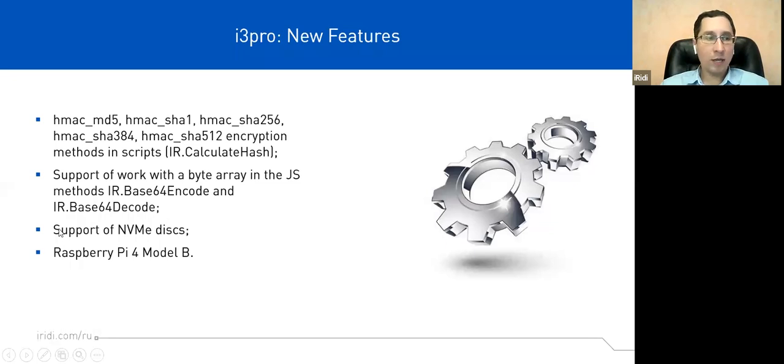It's about encode and decode. We now support NVMe disks, because last year we faced a problem when our integrators tried to use some server like a Hewlett Packard micro PC, and they have only NVMe disks, and it means that our licensing system didn't have the possibility to use this disk for the system.